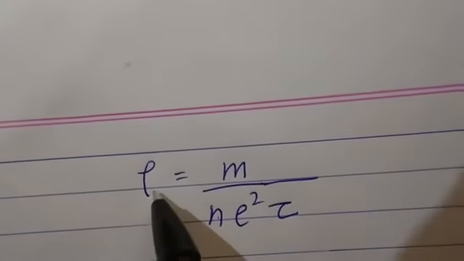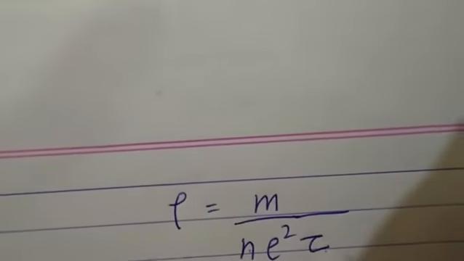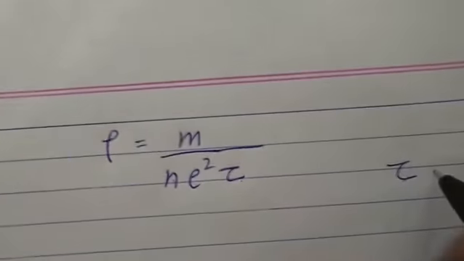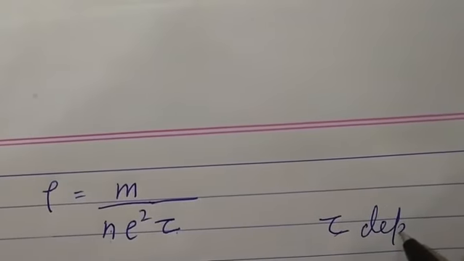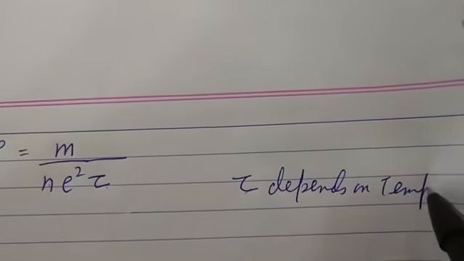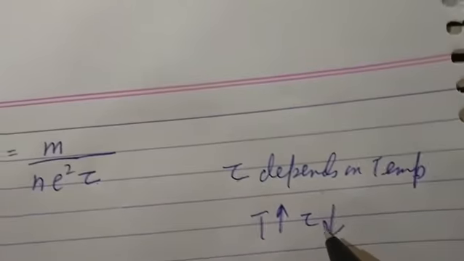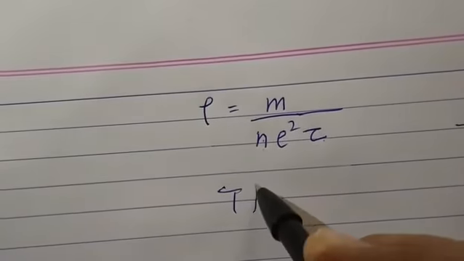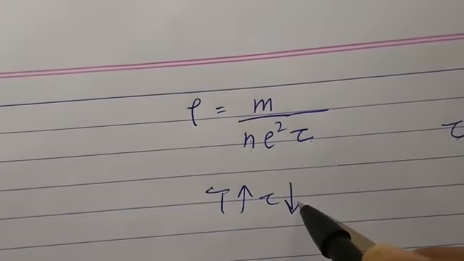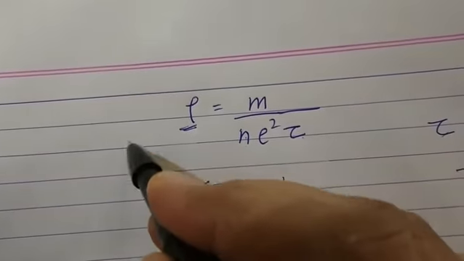How will resistivity increase? What is the reason? We know that rho is equal to m upon n e square tau, and remember always that tau depends on temperature. When temperature increases, tau will decrease. When tau decreases, resistivity will increase.